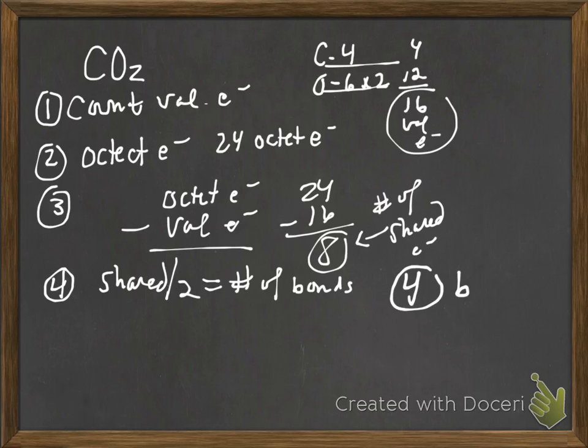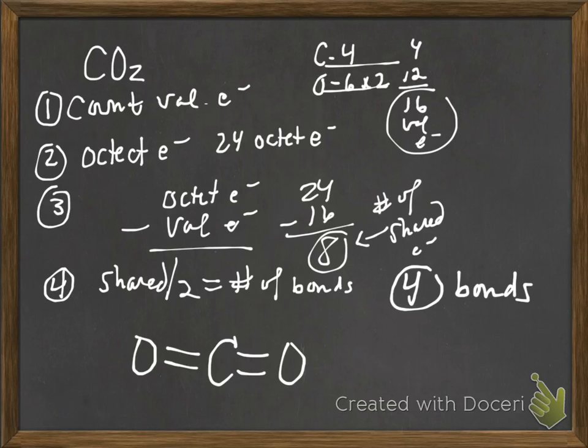So we're looking for 4 bonds. Well, we got carbon, we got oxygen. How many places for bonds are there? So we're going to go zoop, zoop, zoop, zoop. Does that satisfy our bonds?